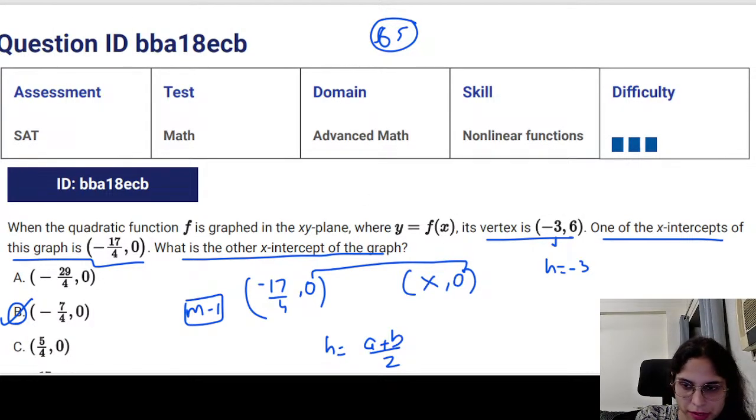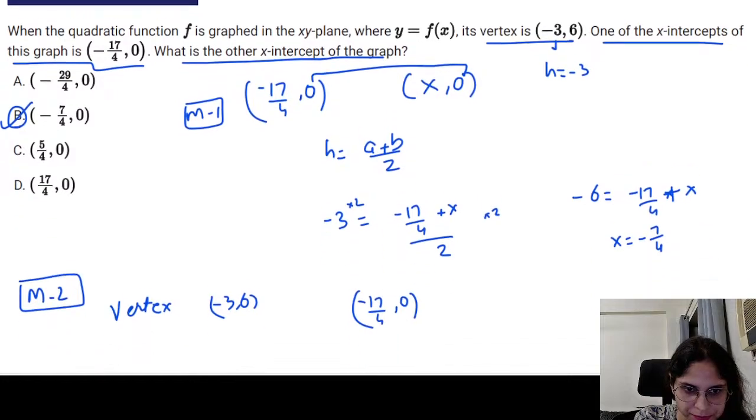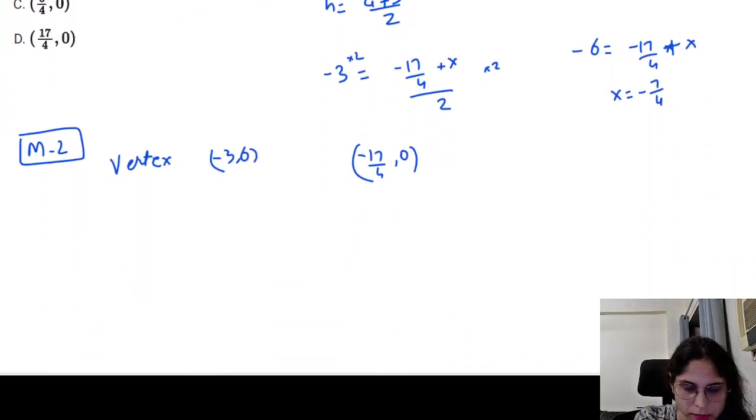Something horrible happened here. So if the vertex is given and there is one more point given, as I have told you, you can use the vertex form. That will be a times x, because it is negative, it will become x plus 3 whole squared plus 6.